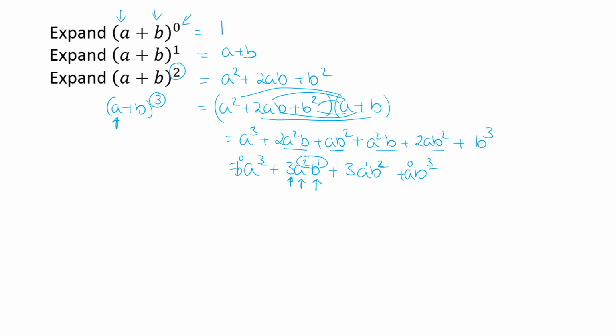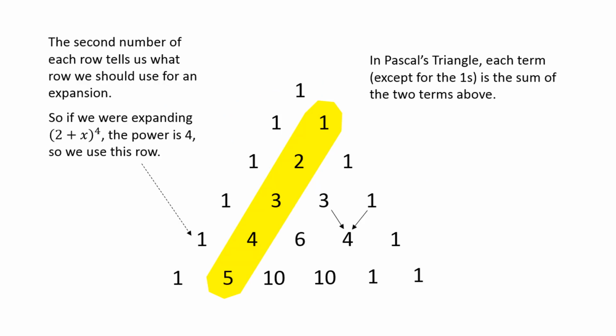Now it's just this number in the front that we need to explain, and the coefficients, the numbers in front, come from Pascal's triangle. The expanded bracket we just looked at was (a + b) all cubed, and whatever expansion you're trying to do, the power on the bracket is going to start on Pascal's triangle with 1 and then that power.